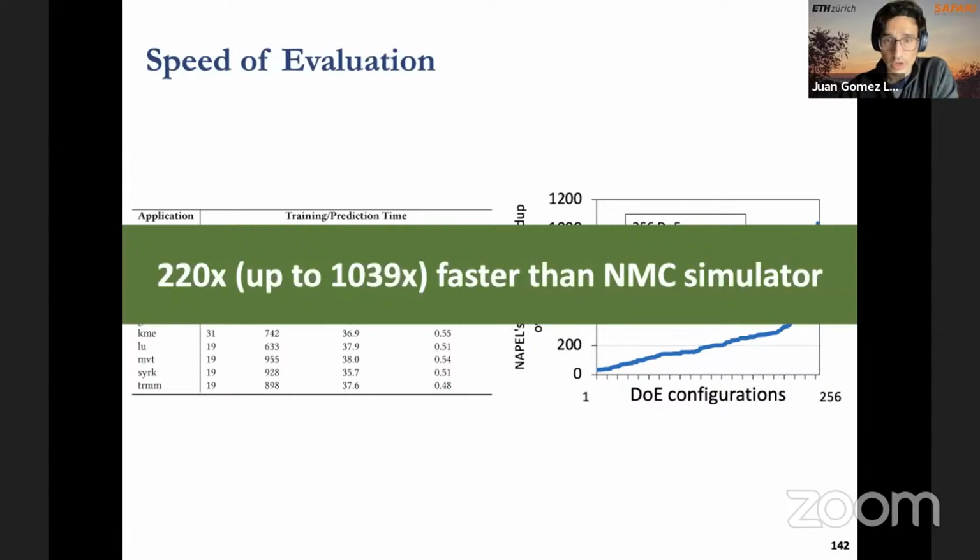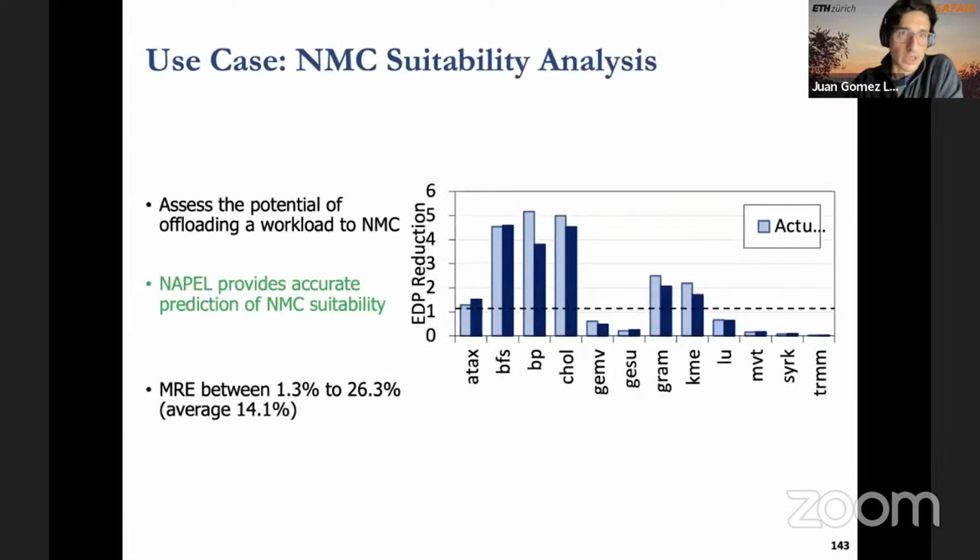And also pretty fast. You can check the details in the paper, but on average, 220 times faster than the state-of-the-art simulator, and up to more than 1,000 times faster for some of the workloads. We also include one use case in the paper that is a processing in memory suitability study.